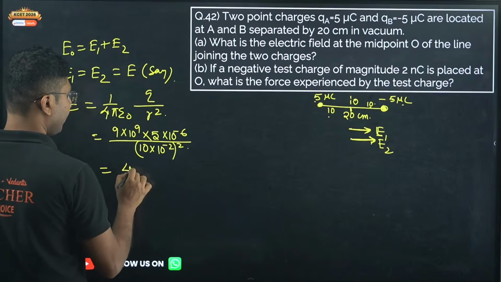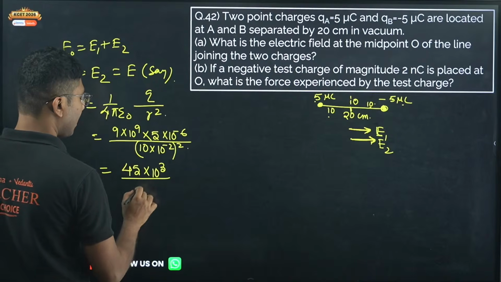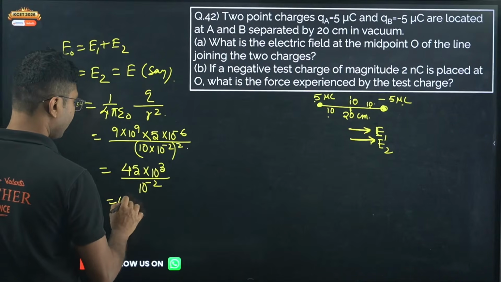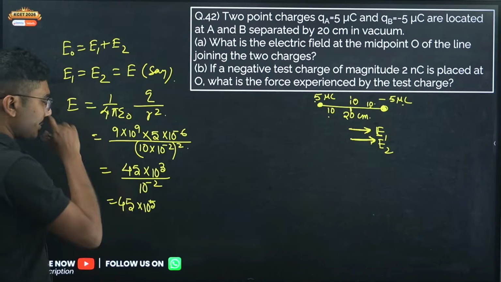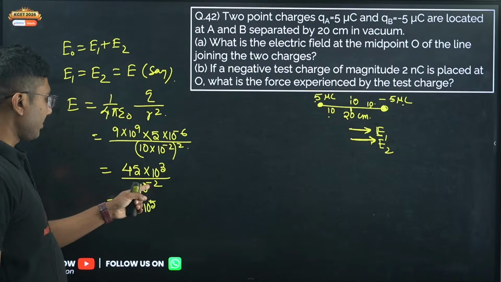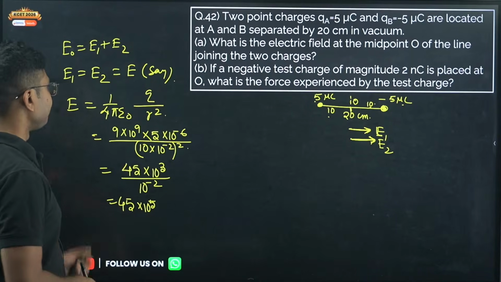It will be 45 into 10 to the power of 3 divided by 10 to the power of minus 2. So electric field will be 45 into 10 to the power of 5. Let me check the power once: 3 minus 1 square minus 2, so yes, 45 into 10 to the power of 5.